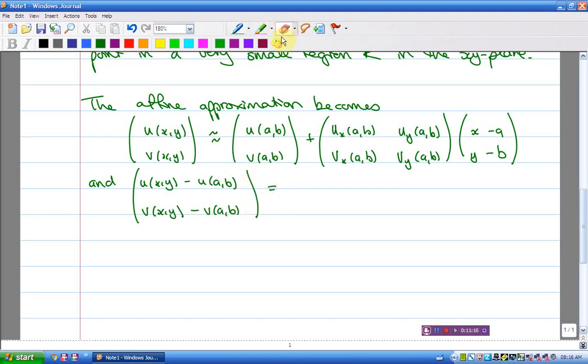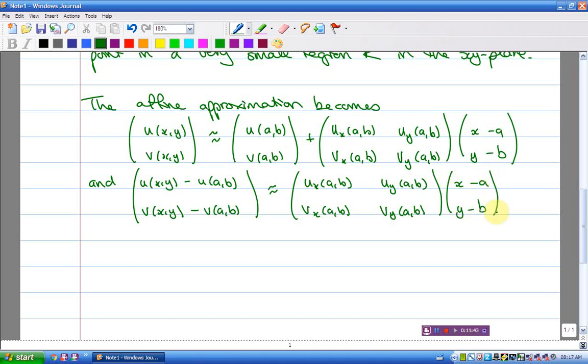Oh, that should be a wiggly equals. Okay, so that expression over there, there's a wiggly equal sign, but what we can recognize is that there's a matrix there, and those little derivatives in the derivative matrix are all calculated at a particular point, so once you plug in a and b, that will be a matrix of just numbers.